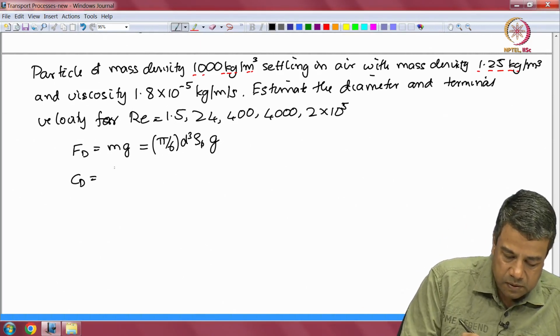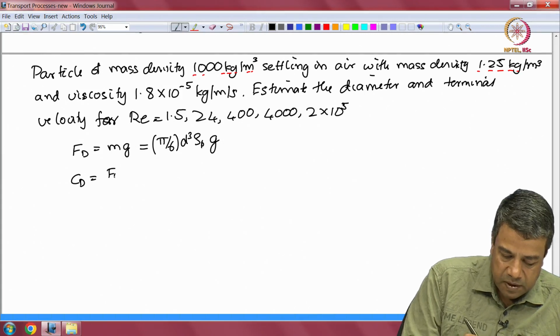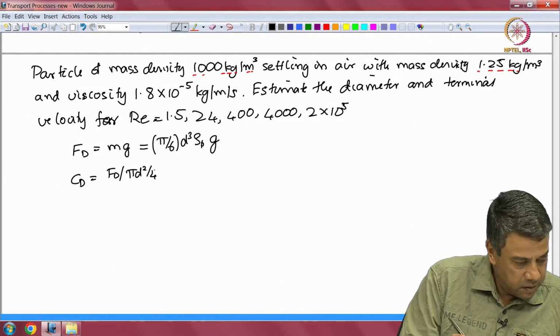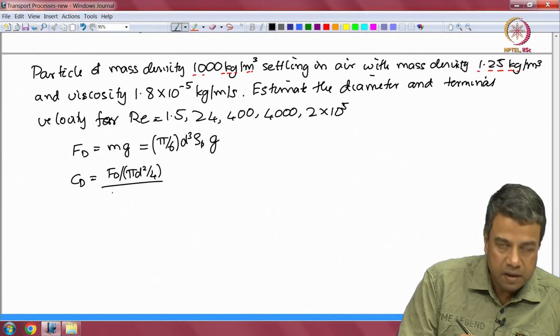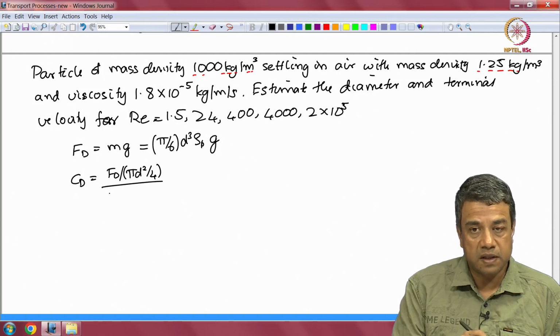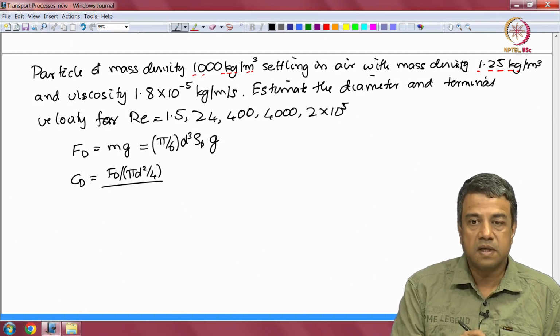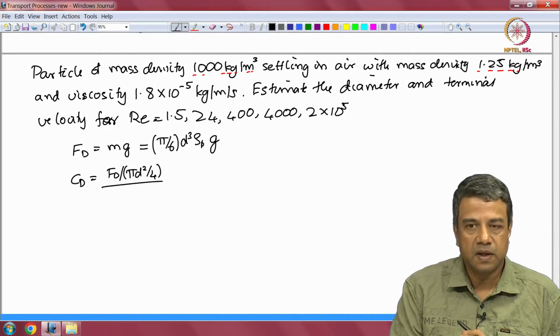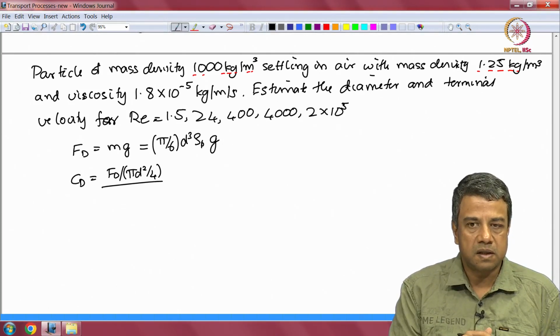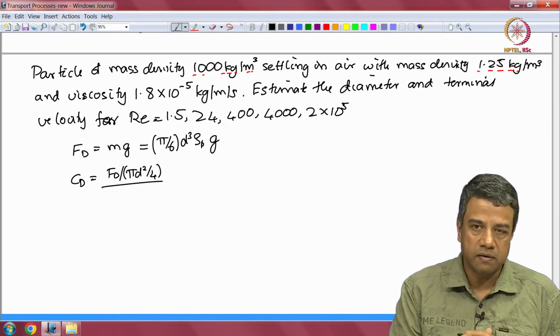Cd is equal to Fd divided by pi d square by 4, divided by, in this case, the free stream velocity, which is the relative velocity between the particle and the fluid far from the particle. In this case, we are considering a particle that is settling relative to the fluid.